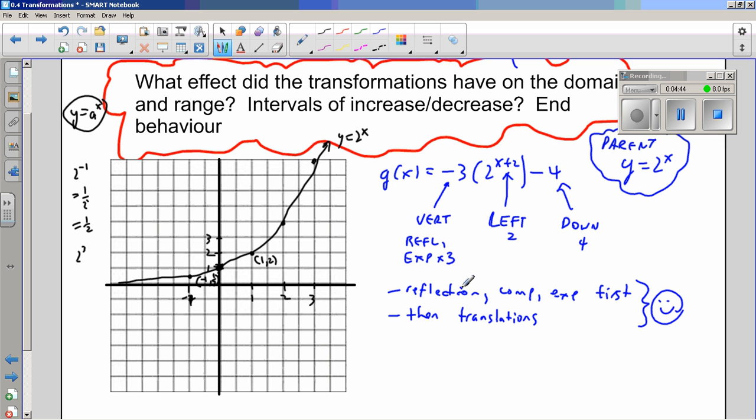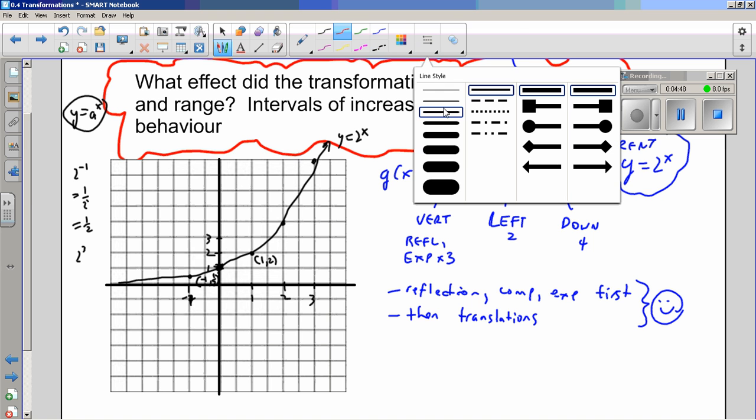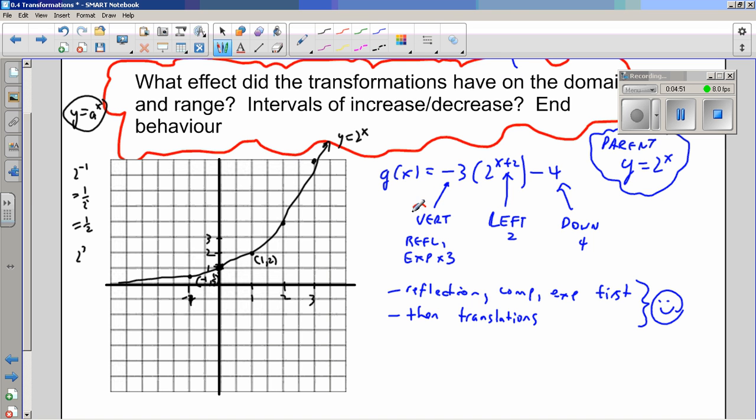There's my basic graph, and then next I'm going to do the 2 stretches and flip in one step, if I can, because I kind of want to do that thing first. Vertical reflection and expansion by a factor of 3. So I'm going to start on my y-intercept, and if I just flipped it, it would be here. But I'm going to flip and stretch.